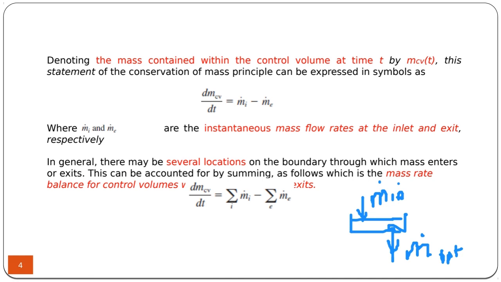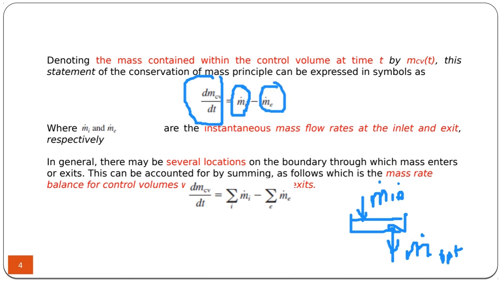Otherwise, if m dot out is greater than m dot in, the level of the water will be decreasing. The change in the level inside the bathtub is represented by this: the time rate of change of the mass inside the control volume, and it's equal to incoming mass minus exiting mass.